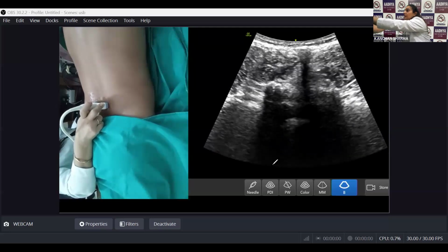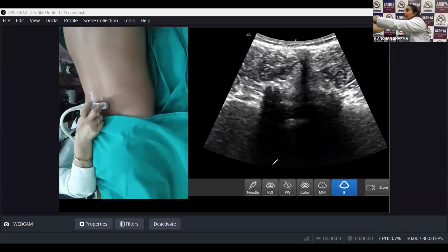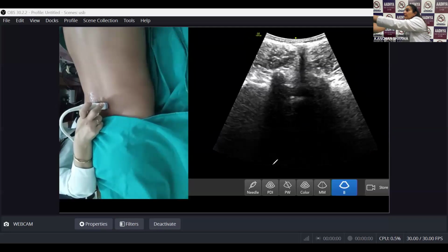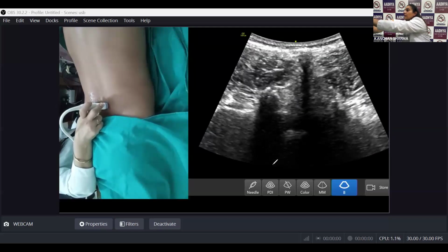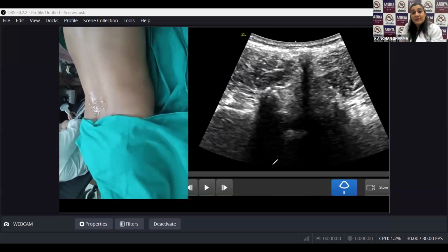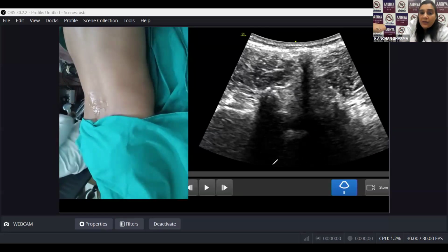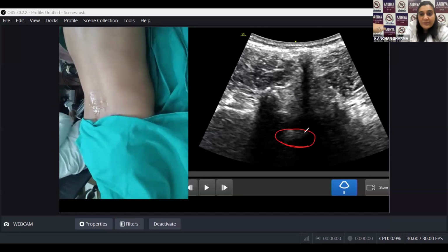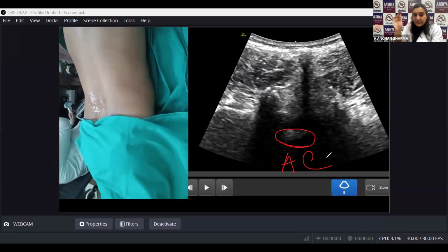Increasing again so that you will be able to see, and reducing the depth. So now I know that my probe is in the interspinous view. Why? Because I'm able to see something here. So that is going to be your anterior complex. It will always be visible.